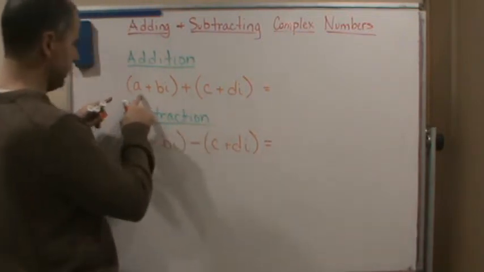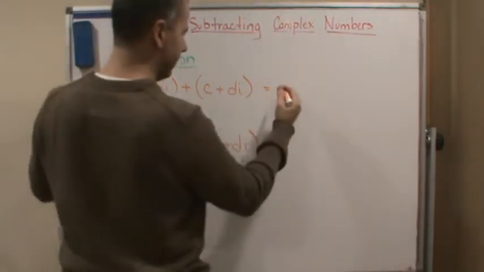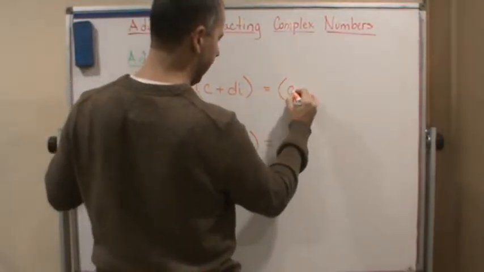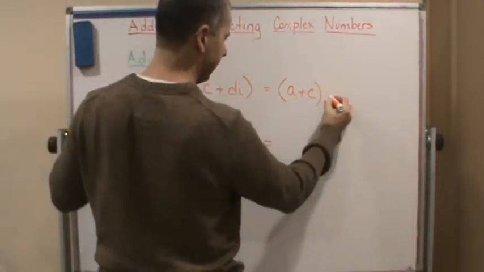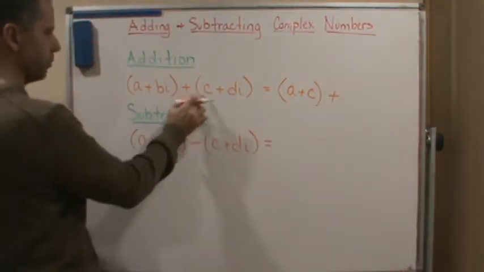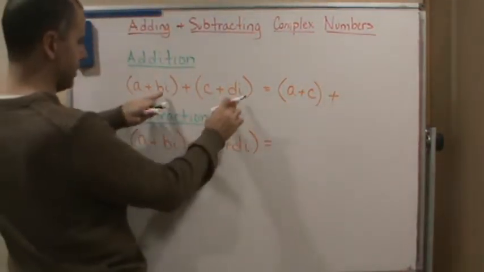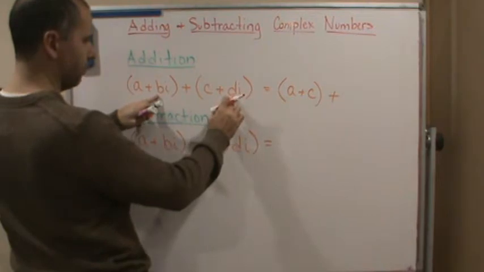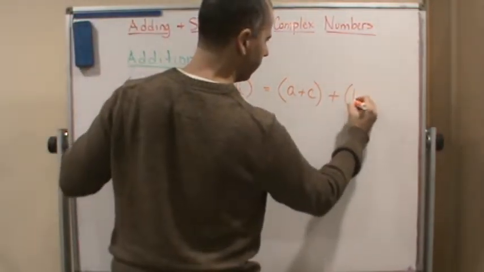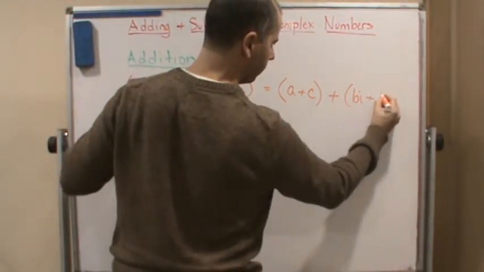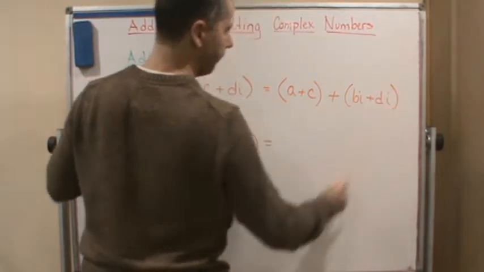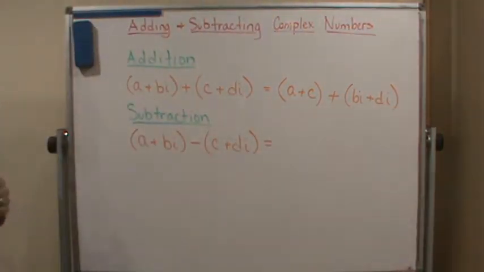So I take the a plus the c, so it's a plus c, plus the imaginary parts, bi plus di. And that's it. That's the general case, so I can't simplify it any further.